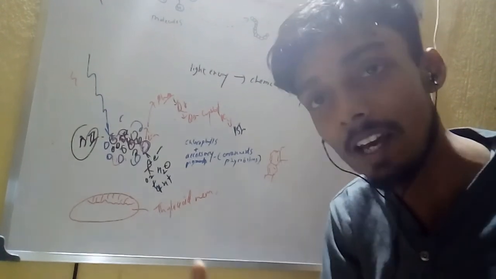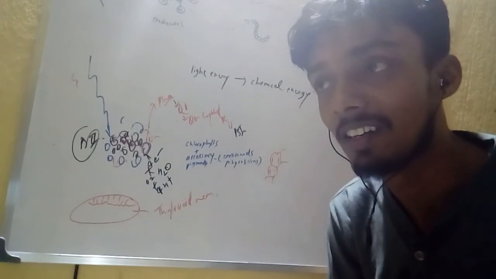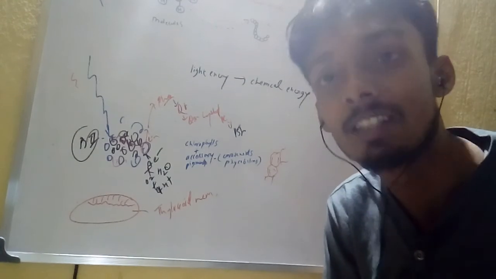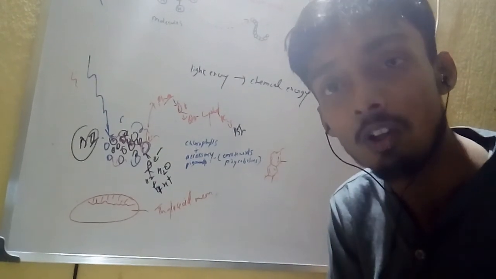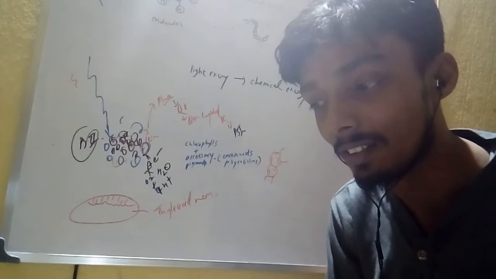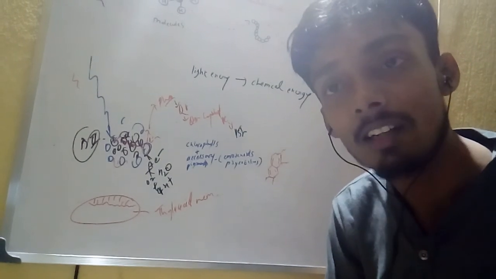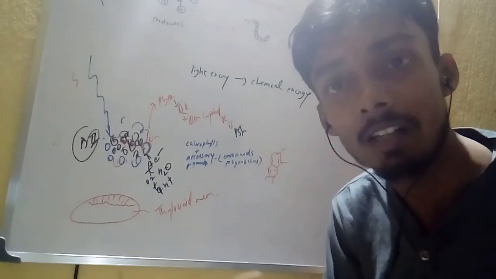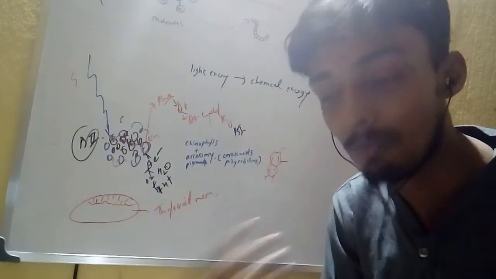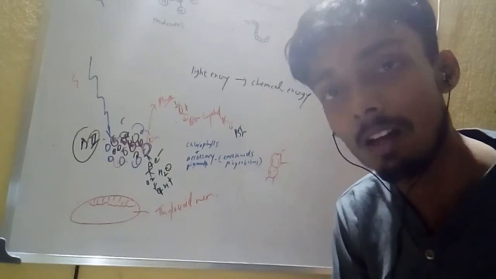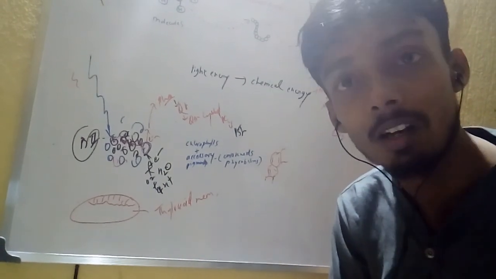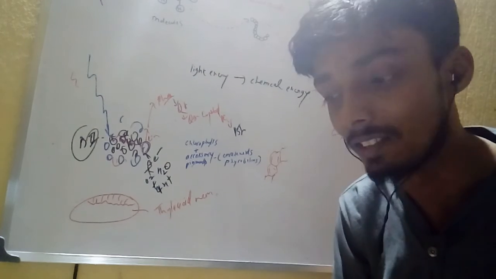Okay, carbon will be fixed, and when the plant needs food in many processes, they will oxidize that fixed food, and they will create ATP, and that ATP will be used in several processes. Okay, like I told you, growth, reproduction, etc.